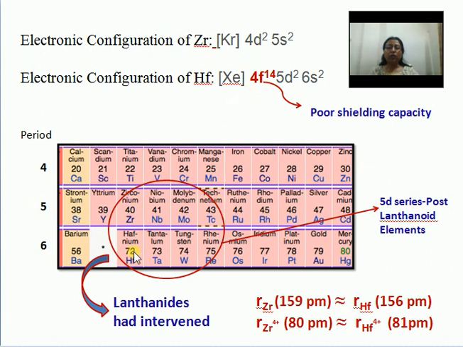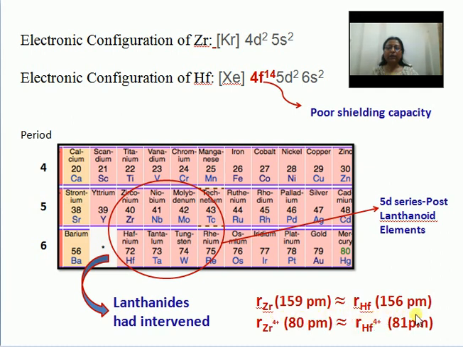We are going down, the number of shells is increasing, but still the ionic or atomic radii is not changing. The reason is that because of the lanthanoid contraction, that is the decrease in the atomic or ionic size, these 2 elements have nearly the same atomic or ionic size. And you see, in case of zirconium the atomic size is 159 picometer, and in case of hafnium it is 156 picometer.